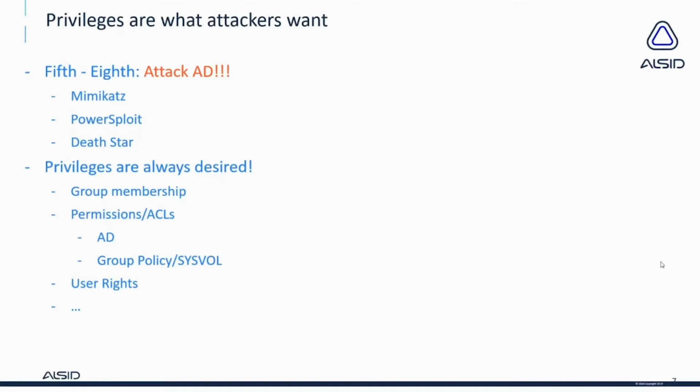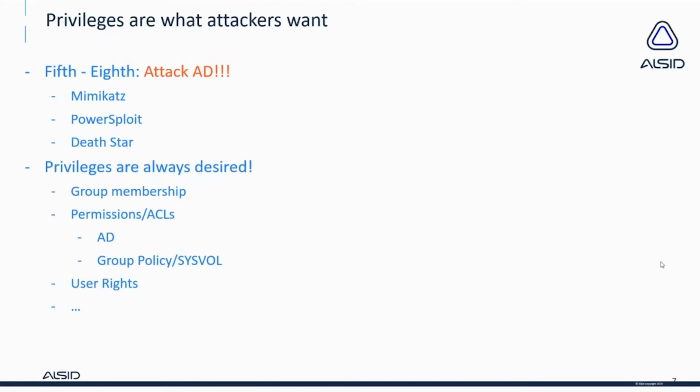And the goal for the attack is to gain privileges. Privileges are always what the attacker wants, whether it be membership in domain admins or enterprise admins, or being added to some group that is on an ACL, right? You can't forget group policy, because if I can get into group policy, now I can ensure that I can distribute what I need to distribute, right?